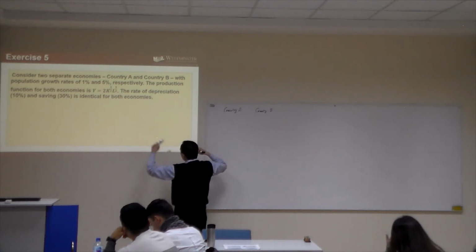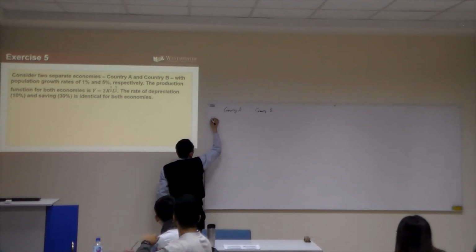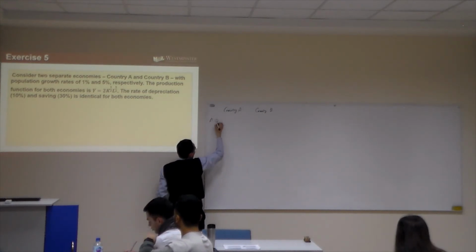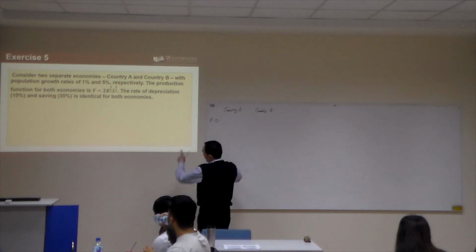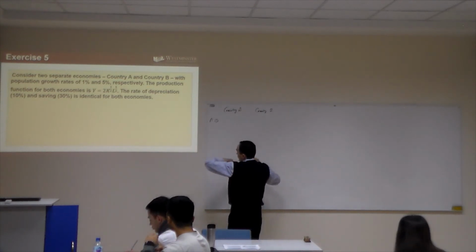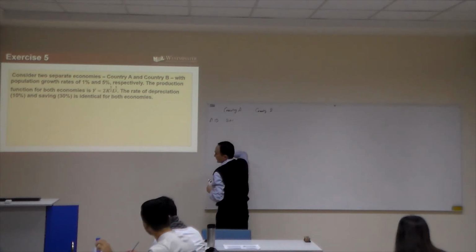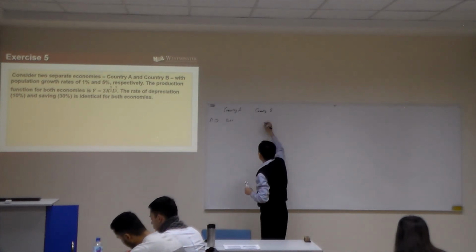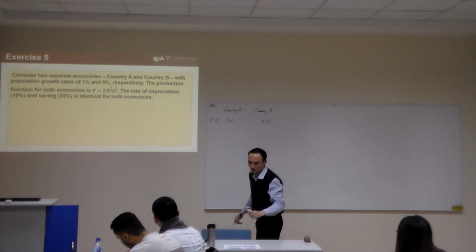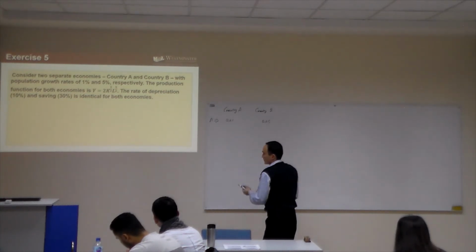First of all, we have given population growth in both countries, which shows that in country A, growth rate is 1%, 0.01. In country B, it is 5%, 0.05. Production function for both countries is same.